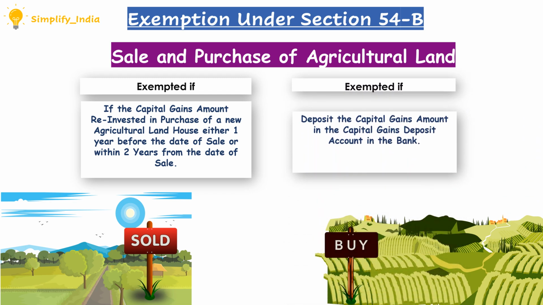Next, deposit the capital gains into capital gain deposit account in the bank, provided that the new agricultural land is held by the assessee for a minimum of 3 years. If not, the exemption will be withdrawn.